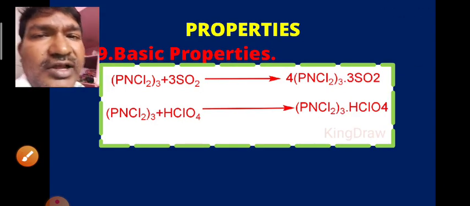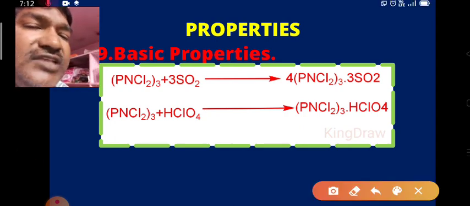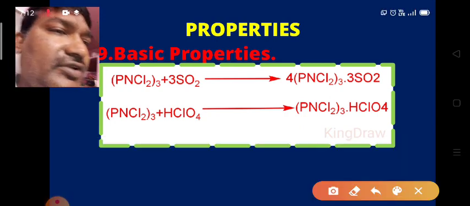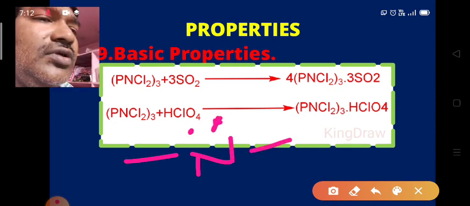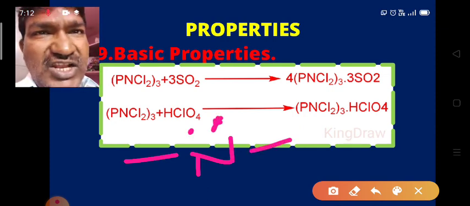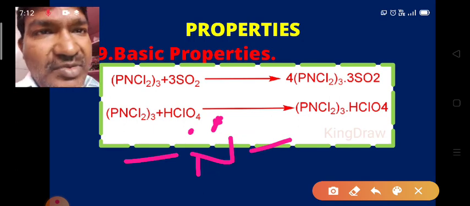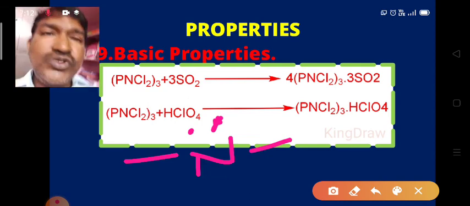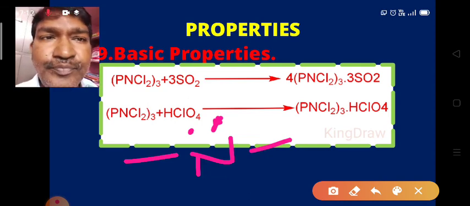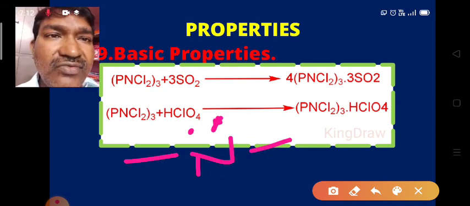Now we know very well that nitrogen has electron pairs on it. So any nitrogenous compound behaves as a Lewis base. In a similar way, these phosphazenes also behave as Lewis bases because they have lone electron pairs on them.